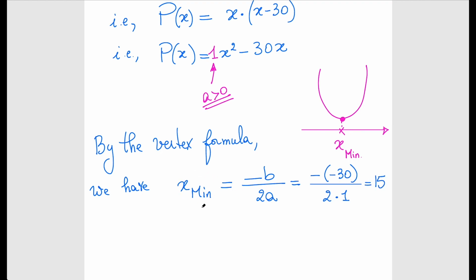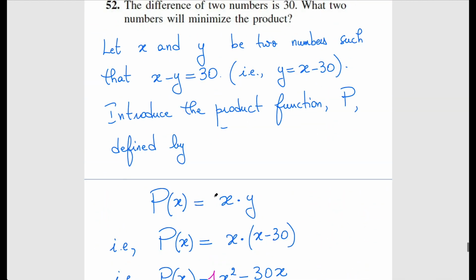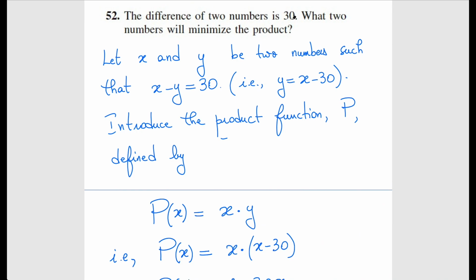Alright, so now I know where this product function P is attaining its minimum. It's attaining its minimum at 15, when the x coordinate of the vertex is 15, right? So when x is 15, we have the vertex. Alright, so we know what one of the two numbers is. Remember, I'm after two numbers so that their difference is 30, and I want their product to be the lowest it can be. Well, one of the numbers is 15. So if one of them is 15, how can you discover the other?